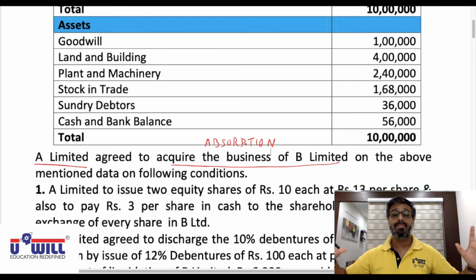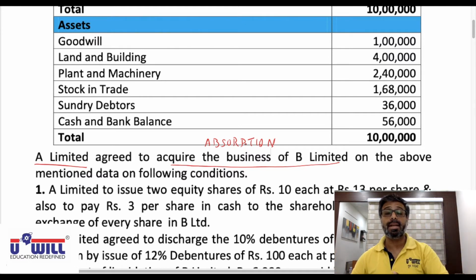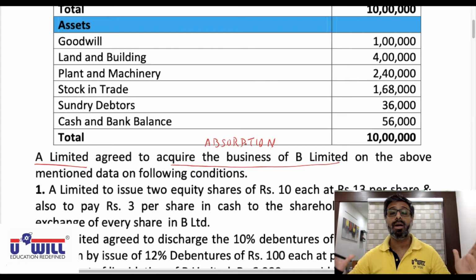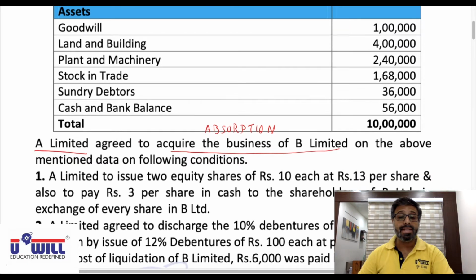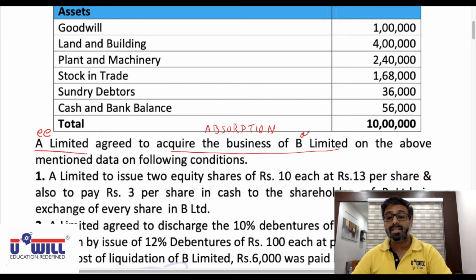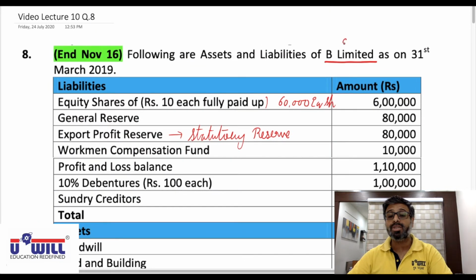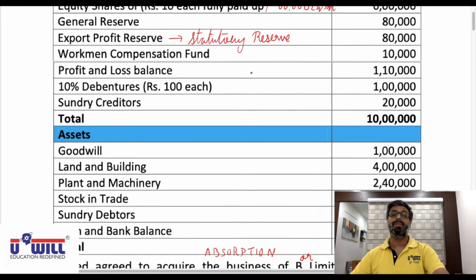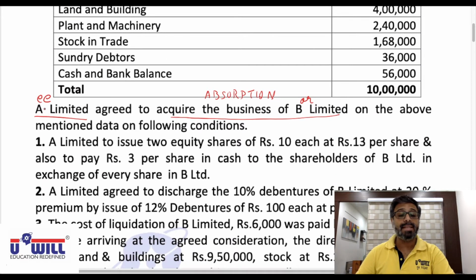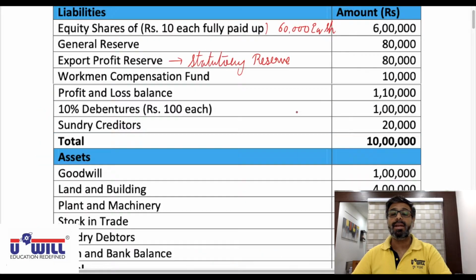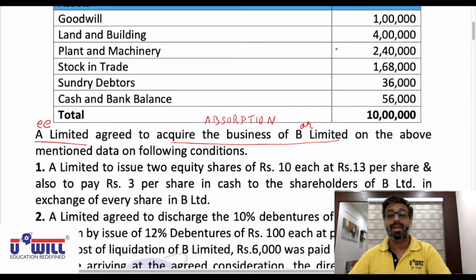As per the accounting standard, amalgamation, absorption, external reconstruction all come under amalgamation. A Limited is purchasing, so it is the transferee company, and B Limited is going into liquidation, the old company, so it is the transferor company. Some existing company A is purchasing them. A Limited is the purchasing company, that is the transferee company. B Limited is going into liquidation, that is the transferor company.